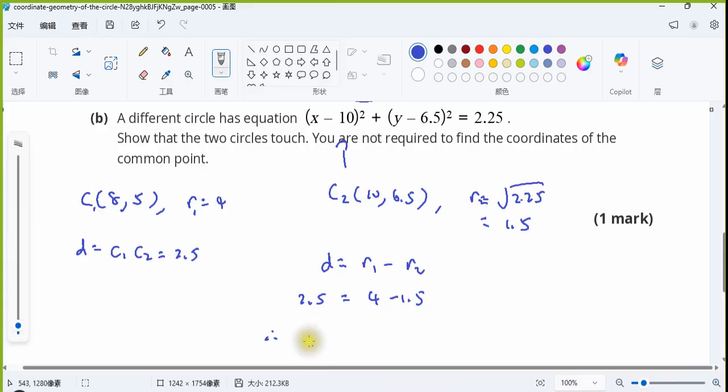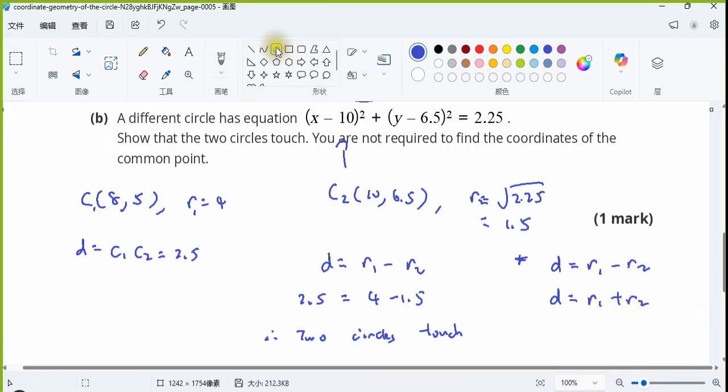So two circles touch. We know the condition for two circles to touch is when the distance is equal to R1 minus R2, one of the radii minus the other radius, or when the distance equals R1 plus R2.